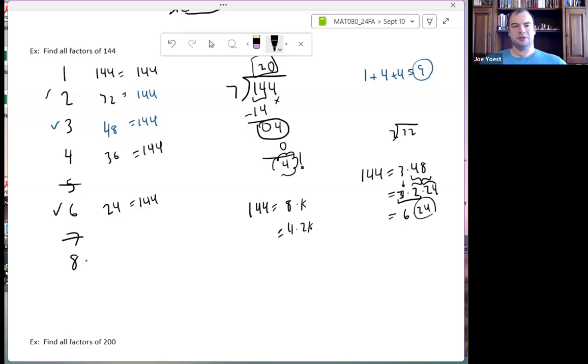I could either use my divisibility for 2 here, 2 times 4k, saying that 72 is 4k, is 72 divisible by 4. Or I could use my divisibility by 4, asking is that 4 times something else. I know it's divisible by 4. I know that 144 is 4 times 36. I figured that out before.